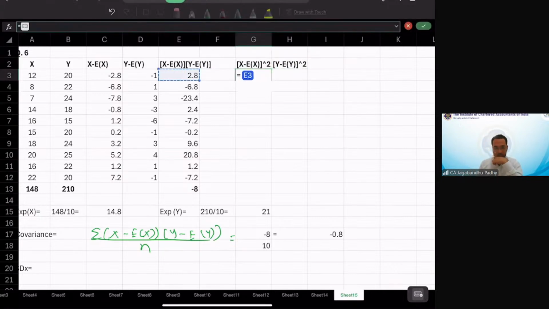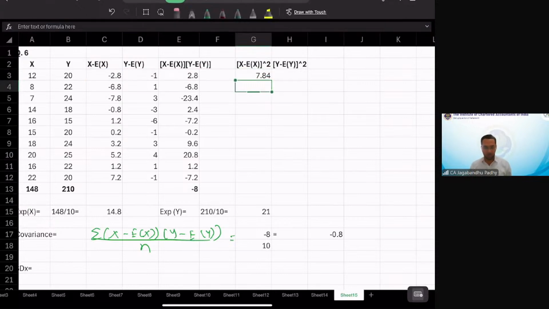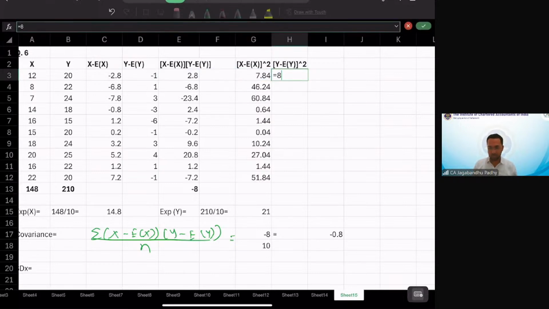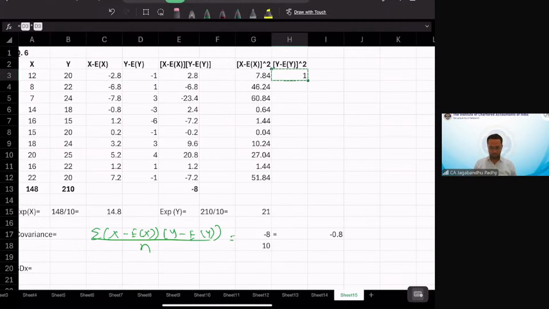So we'll take the square of the deviations. Take a total, and the same applies for y also. So for y also you do the same thing.